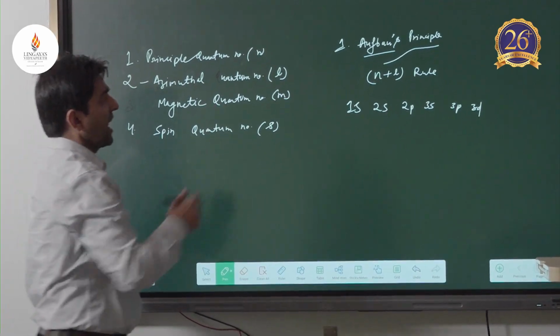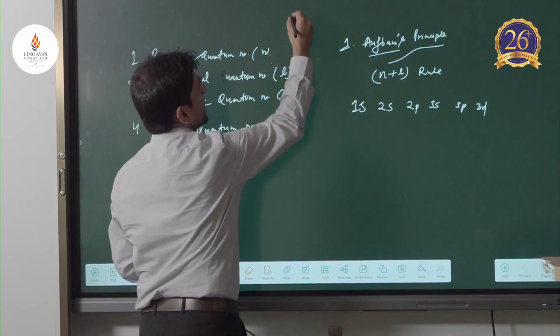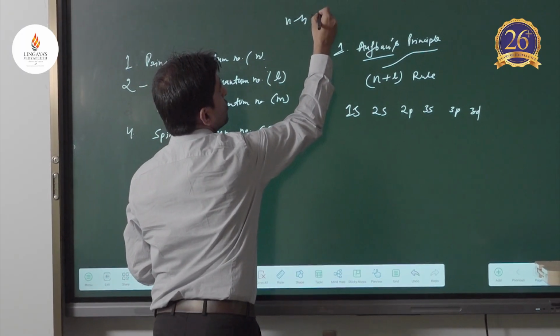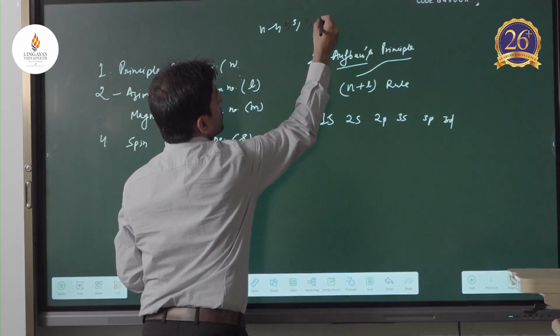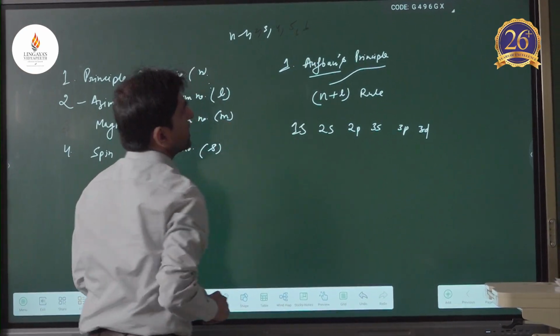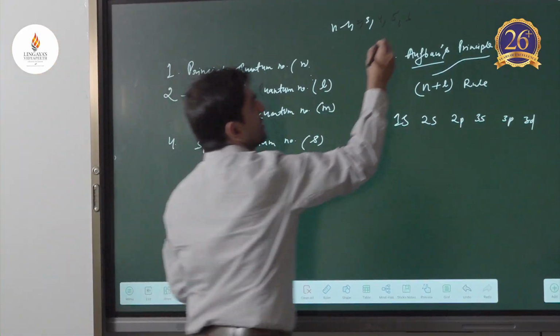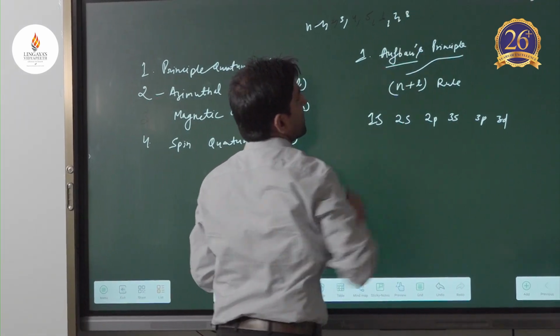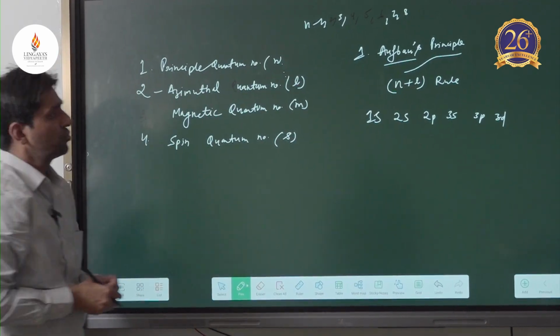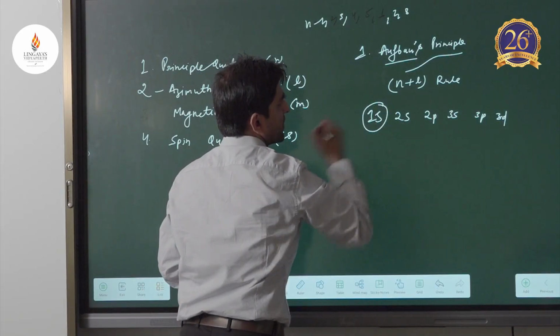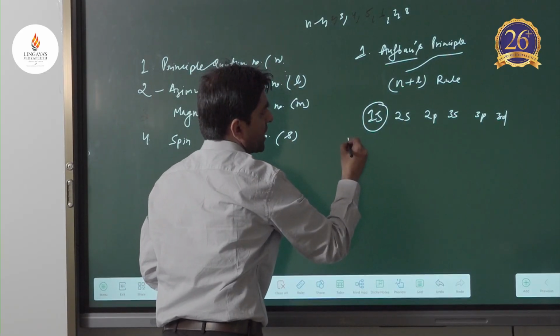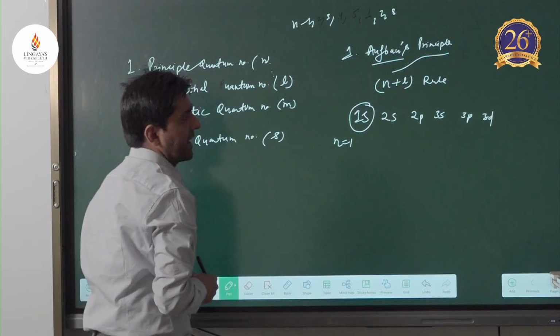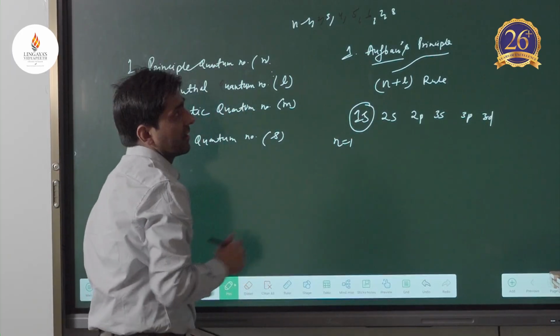So, n is principal quantum number. It means n can be 1, 2, 3, 4, 5, 6, 7, 8 and so on.